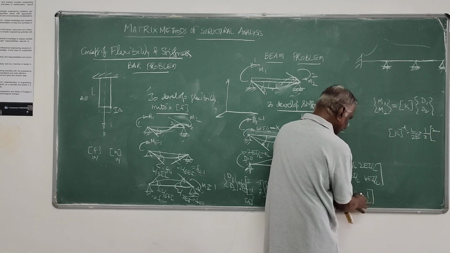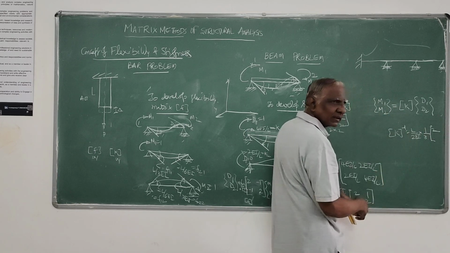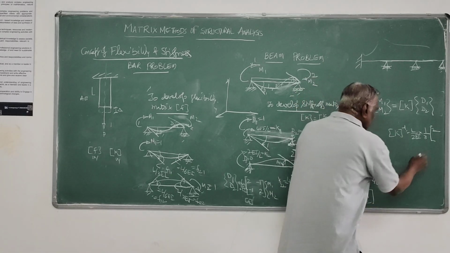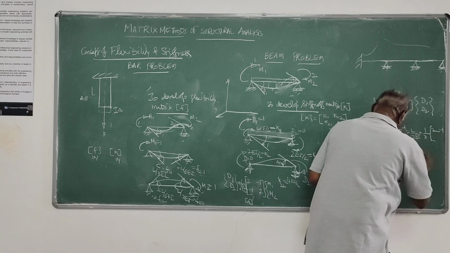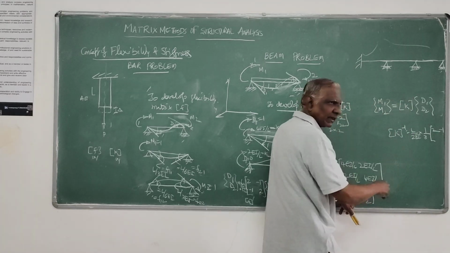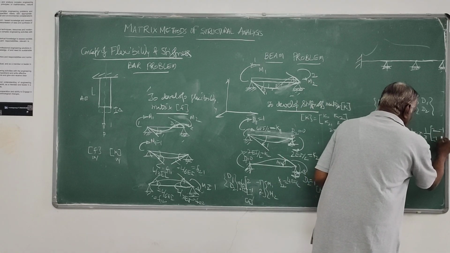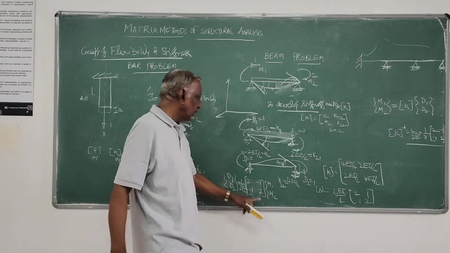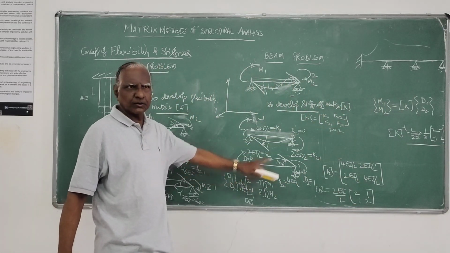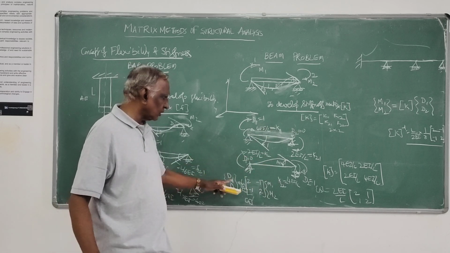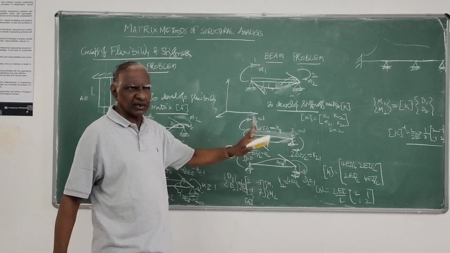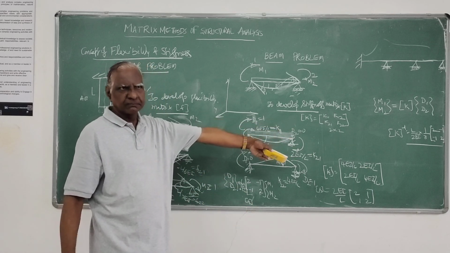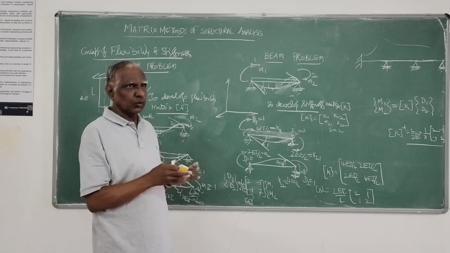Next I will write, take this, I will write there on the row. So automatically it is the transpose of the adjoint. So it is minus 1, because it is minus of that determinant. So here it is minus 1, 2. So this is nothing but L by 6EI times 2 minus 1, minus 1, 2. So F is equal to K inverse, or vice versa. If you take this inverse, you will get that. So this is also proved.